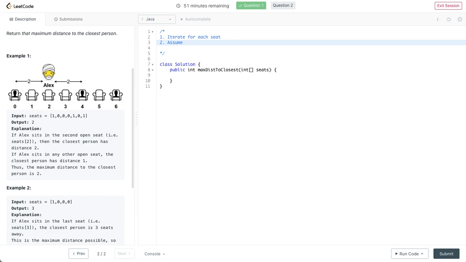Assume Alex is going to sit here. What is the distance?